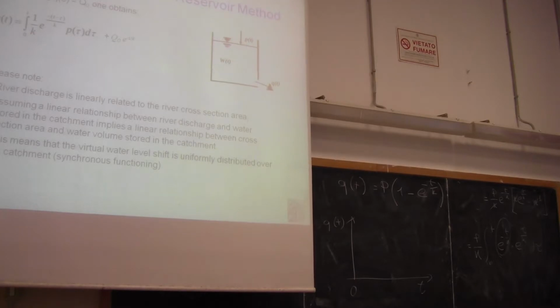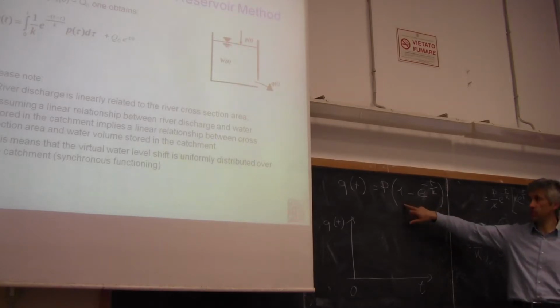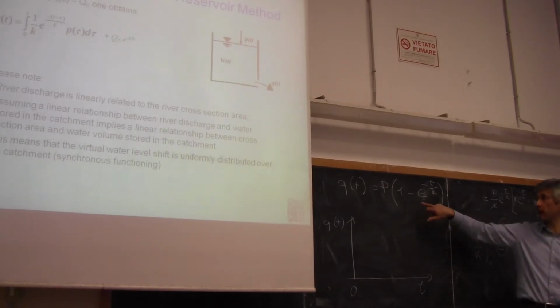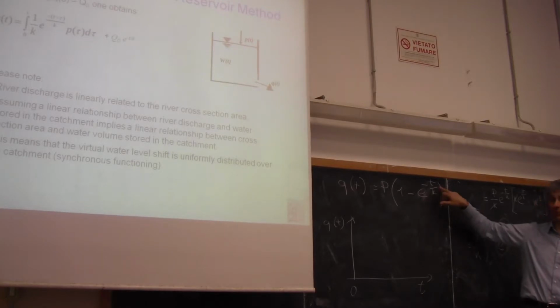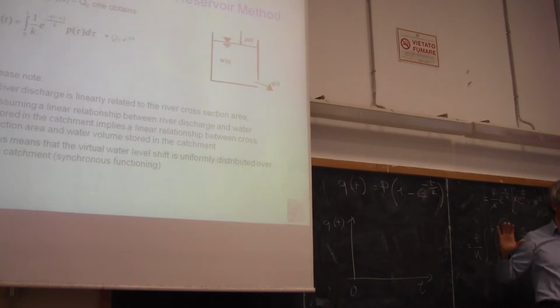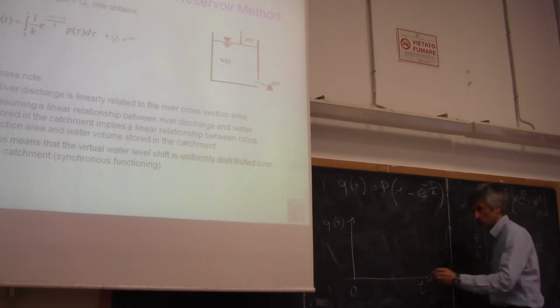Now, what happens at time 0? At time 0, basically, between parentheses, I have 1 minus e to the power of 0. So 1 minus 1, which is 0. So at time 0, q is equal to 0.